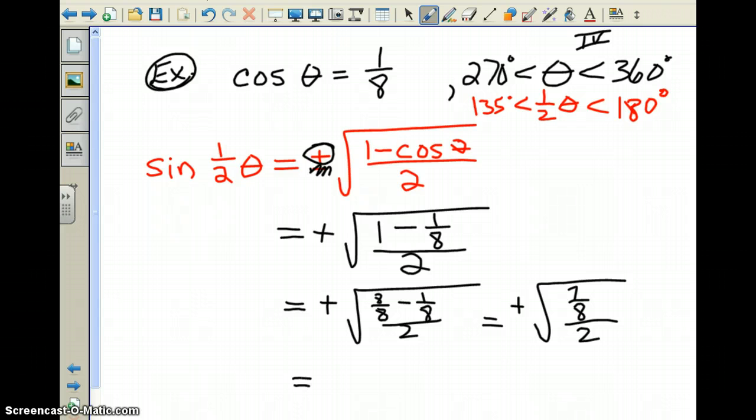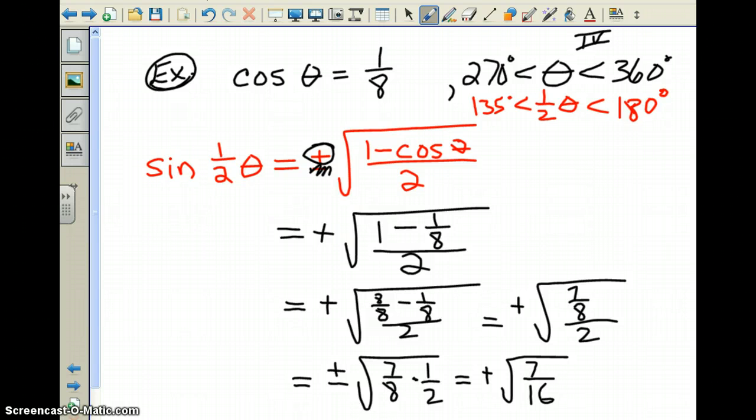And then if I want to change that to 7/8 times 1 over 2, instead of dividing by 2, that'll change this into positive radical 7/16. And lastly, let's split this fraction up into two square roots. Square root of 7 over square root of 16, which is really going to be positive square root of 7 all over 4.